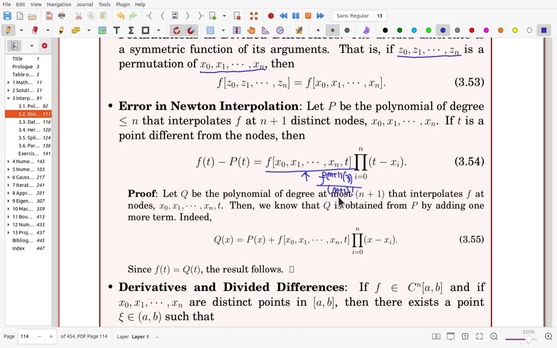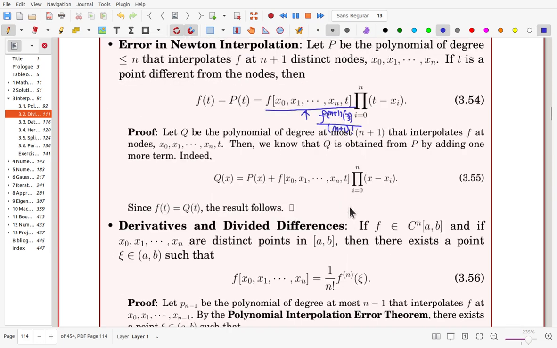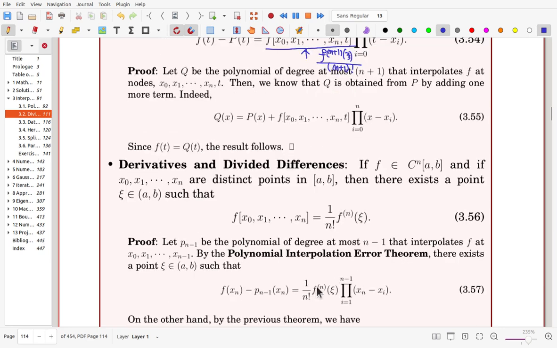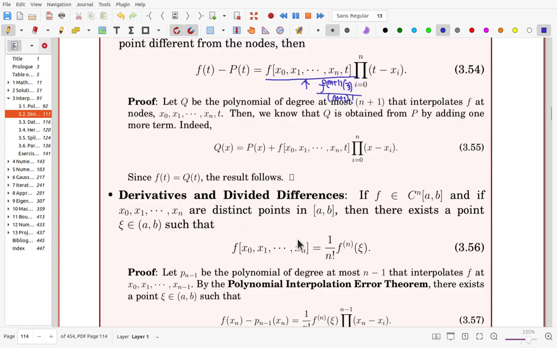But here we can also prove that this divided difference is the same as that. The proof is given. For x0 to xn, the divided difference can be written as here. We have one more t here, but we are including only x0 to xn.